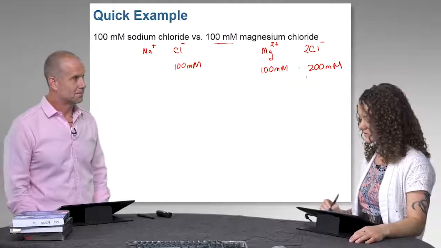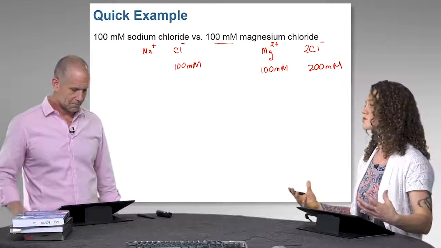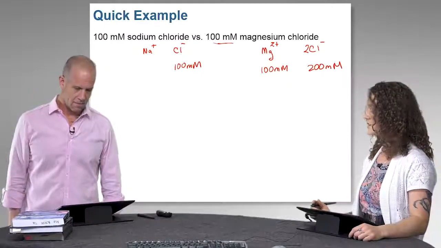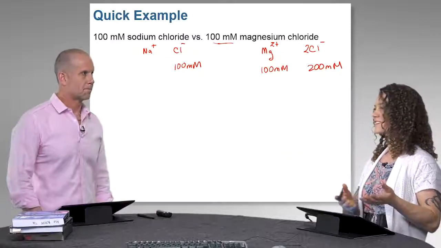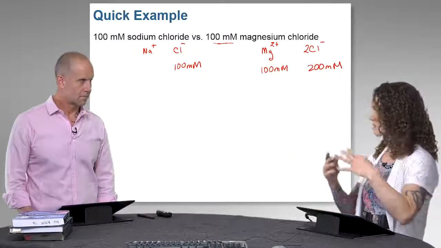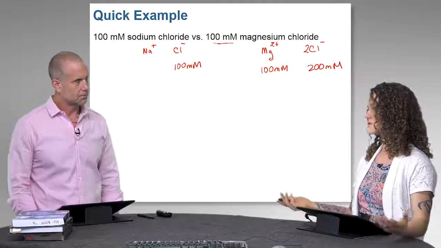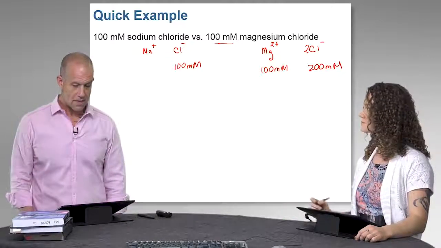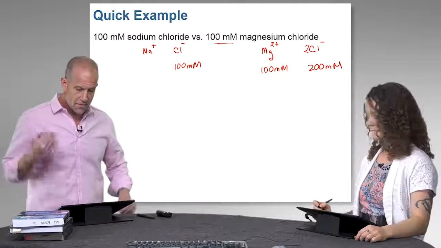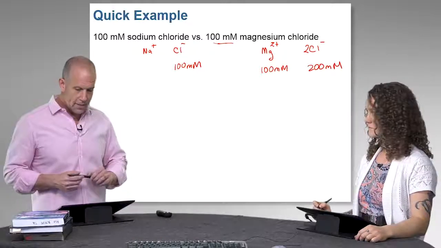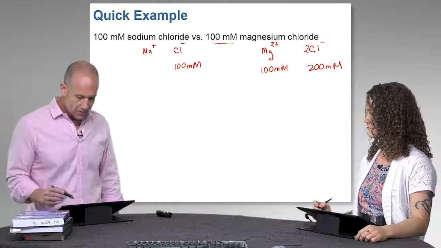So we also have twice the concentration just based on the stoichiometry of the chloride in our magnesium chloride. So it's going to be increased by the charge from the magnesium as well as the higher concentration of overall ions. There's 3 ions per formula unit instead of 2 for the magnesium chloride. Yeah, and like you said, that plays a really big role as well.